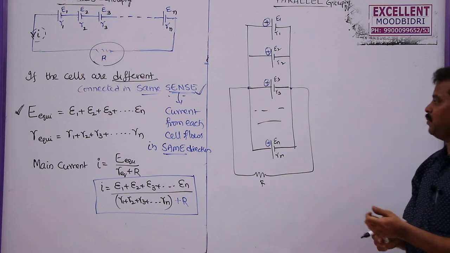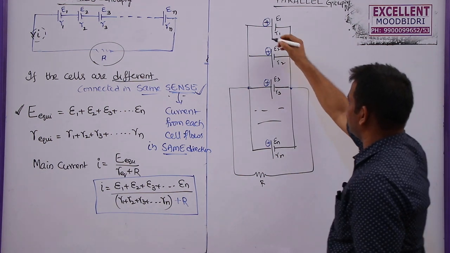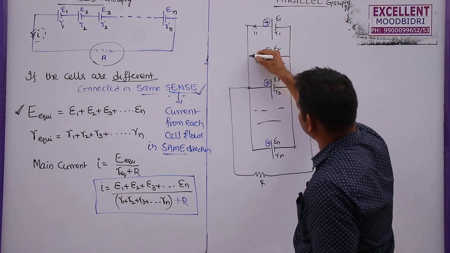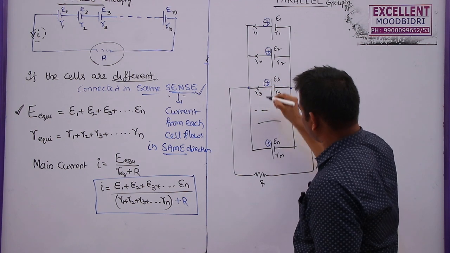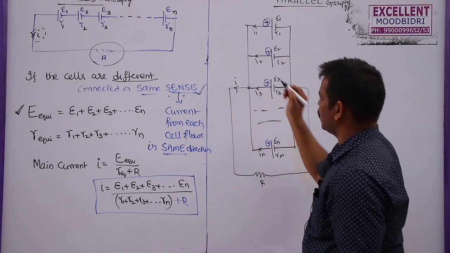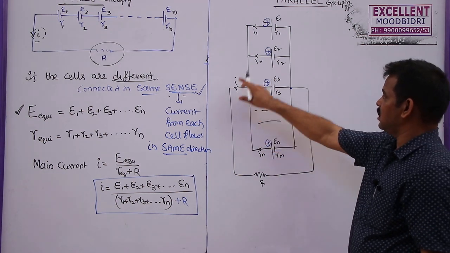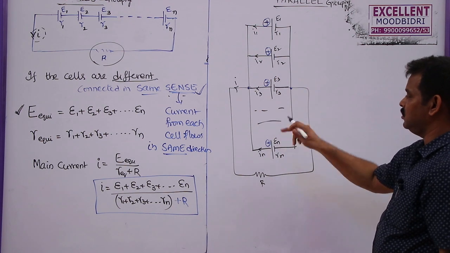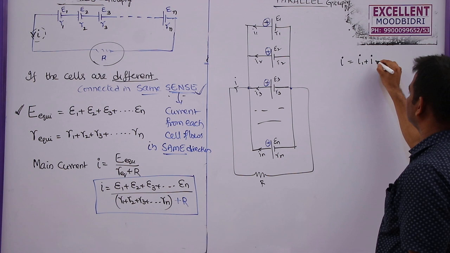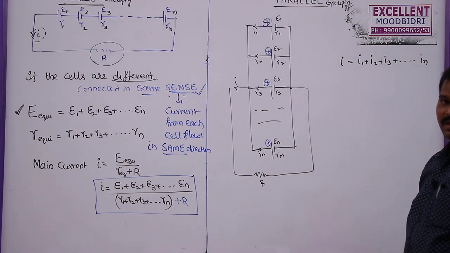So in this case what happens? Let us say the current given by the first cell is I1, the second cell I2, the third cell I3 and the nth cell In. The total current is the sum of the currents given by each and every cell in this combination, so I equals I1 plus I2 plus I3 and so on In.